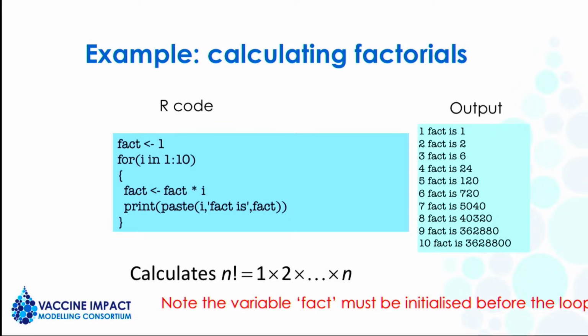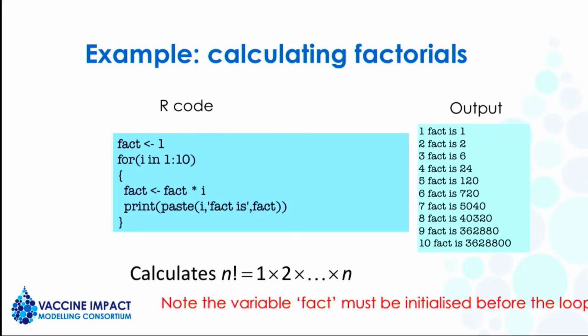The first time we go around, yes, it's still 1. And then i is 2, so then we do 2 times 1. And then we store that, and that's 2. And then the next time we go around, fact is still 2, and i becomes 3. So we get 3 times 2, so we get 6.